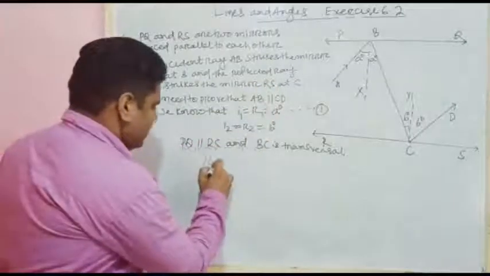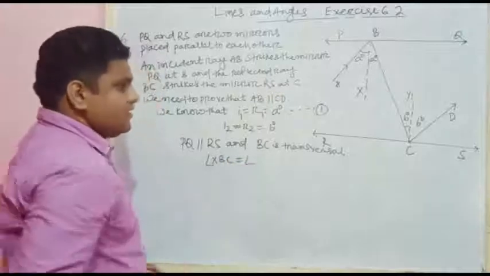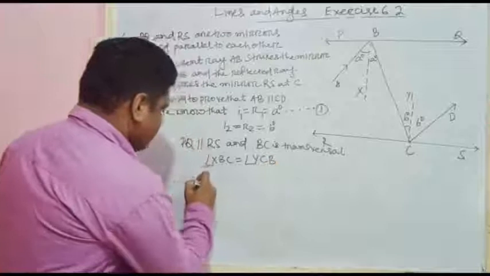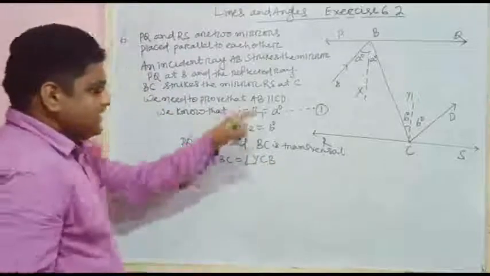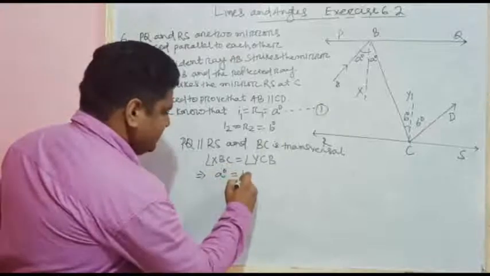So angle XBC is equal to angle YCB. XBC is a degree and YCB is b degree.